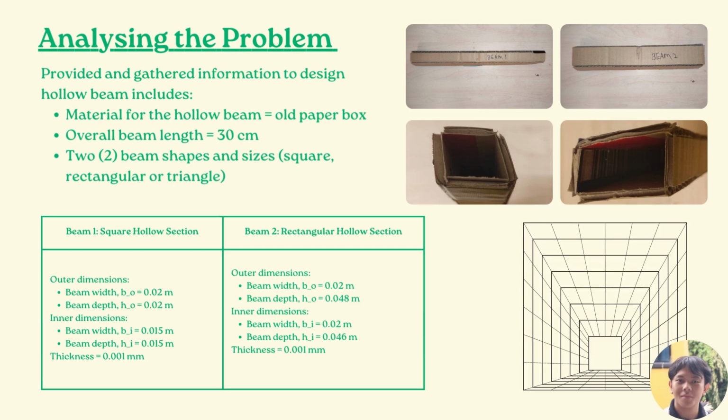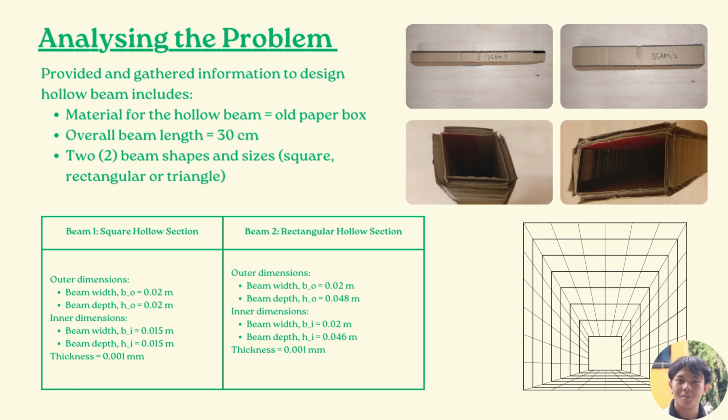Analyzing the problem, the provided and gathered information to design the hollow beam includes the material for the hollow beam, which is a cardboard box, the overall beam length of 30 cm, and lastly the beam shapes and sizes, which are square, rectangular, and triangle, but in our case we choose square and rectangular.